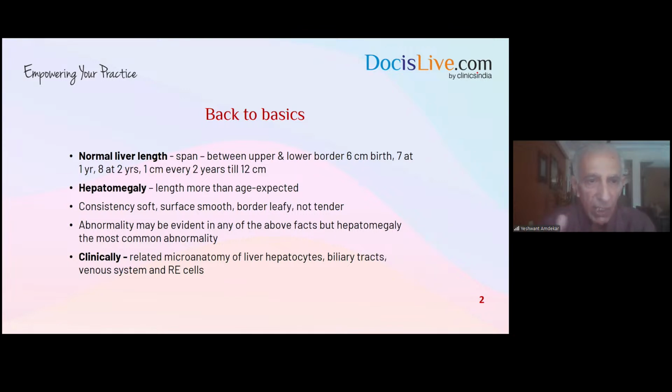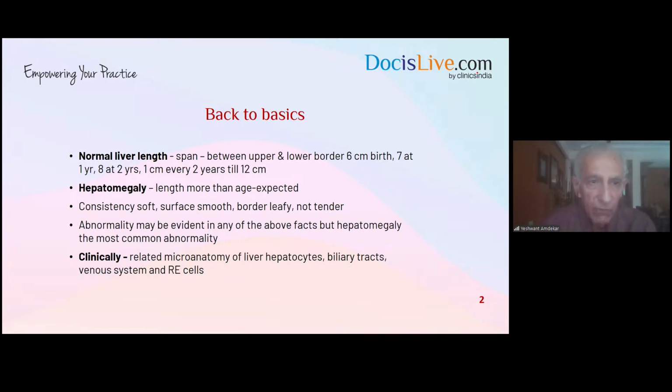And thereafter, every 2 years, it goes on enlarging till it reaches 12 centimeters, which is an average older children and adult liver span. So please confirm that the liver is enlarged, because sometimes the liver may be pushed down but not enlarged, or occasionally you might find even a normal person having a liver enlargement.